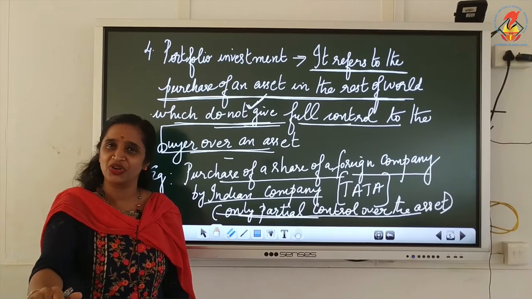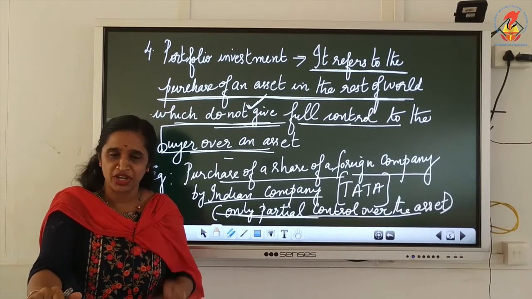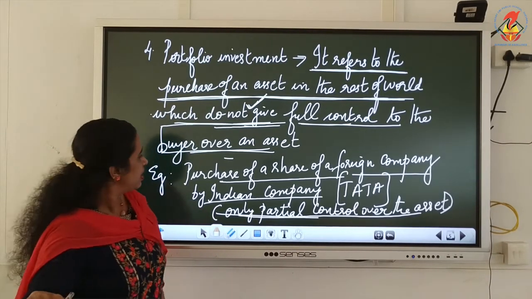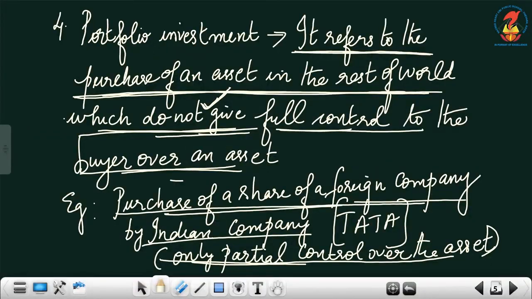Why partial control over the asset? Then we should know what kind of purchase it is. Example: purchase of a share of a foreign company by an Indian company. I hope it is very clear to you. The Indian company is not purchasing that foreign company as a whole. Instead, they are purchasing a share of the foreign company.